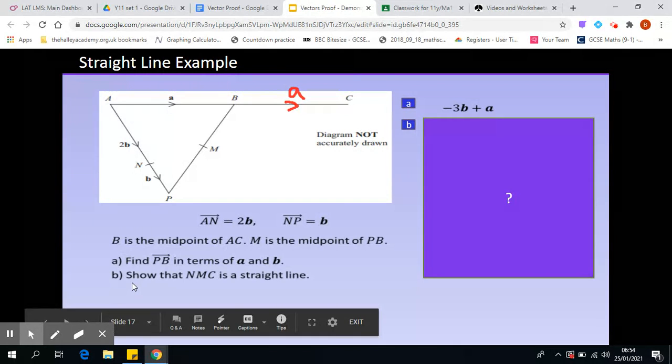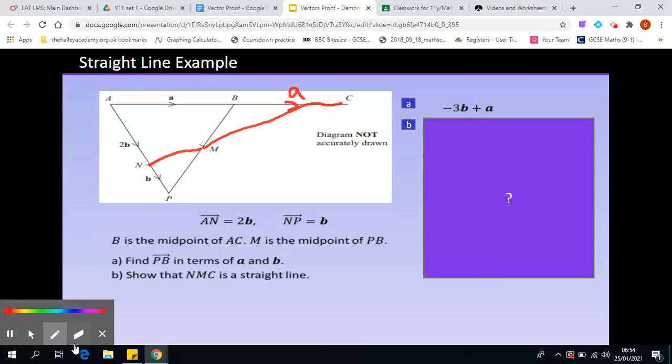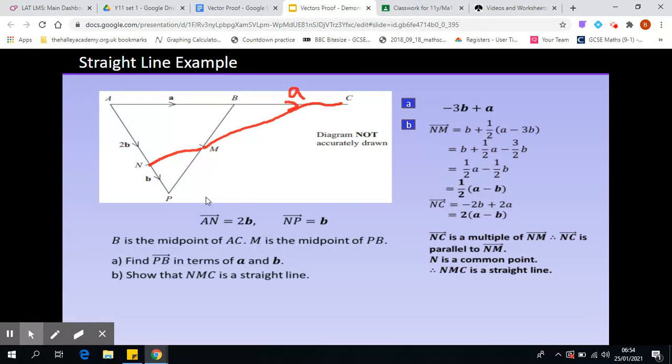Now, the next question would be show that NMC is a straight line. So N to M to C. I do apologize, I'm just using the mouse to draw them. You could use a ruler to draw them. So we need to prove NMC is a straight line. Firstly, we find the NM vector, and then we calculate the NC vector.